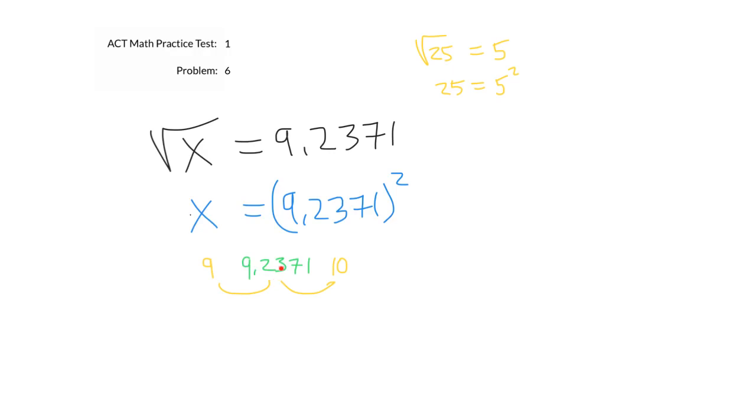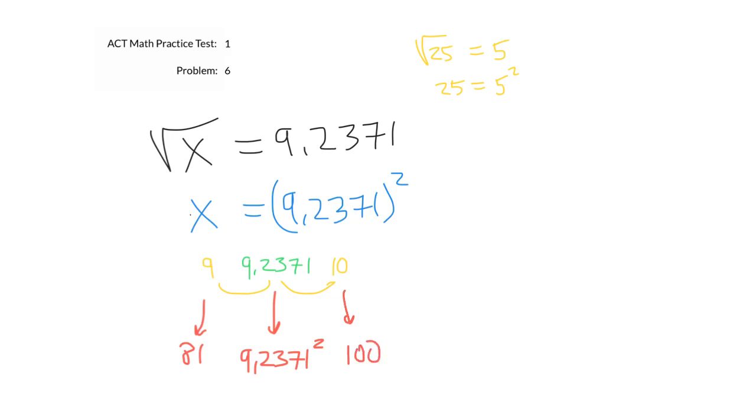You could realize that, okay, well, we know that the answer is what you get when you square 9.2371. And after squaring it, it turns into 9.2371 squared. I'm just going to write that. After squaring 9, though, that becomes 81. And after squaring 10, that becomes 100.